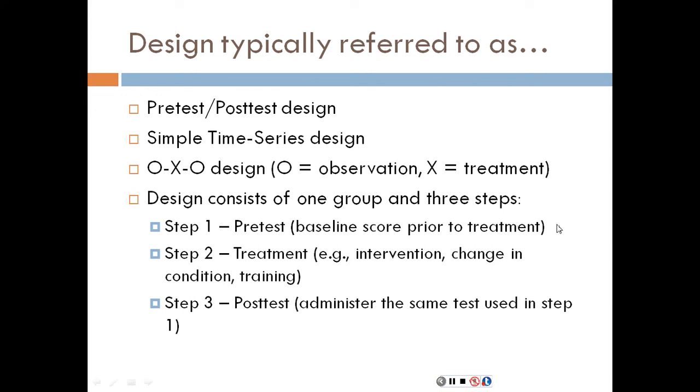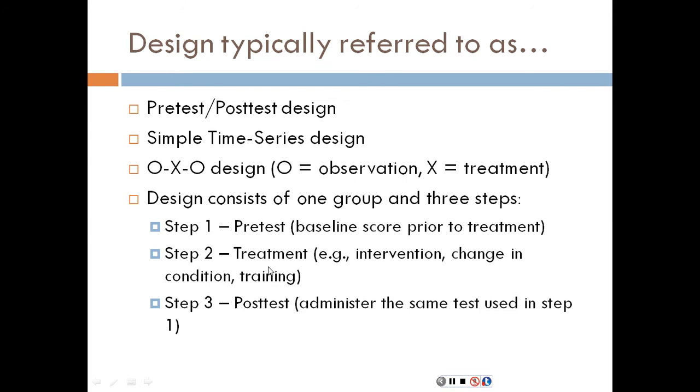So going back to our ZMath example, if we only had one group and we're about to implement ZMath to this one group, I could have my group of students complete some type of pretest. I could have them complete a multiplication test prior to giving them the ZMath program. So I would give them a pretest to get their baseline scores.